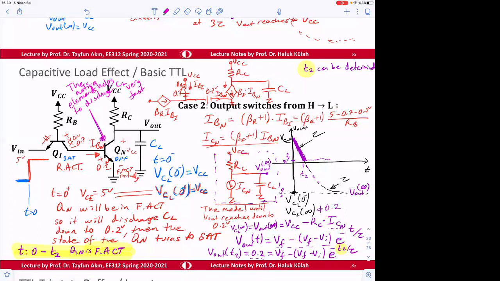That gives a current source of this much, a very large current in there indeed.